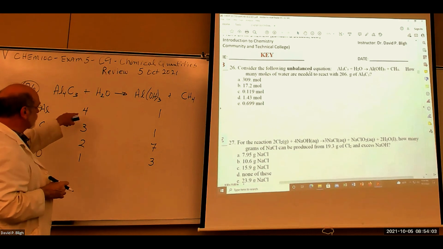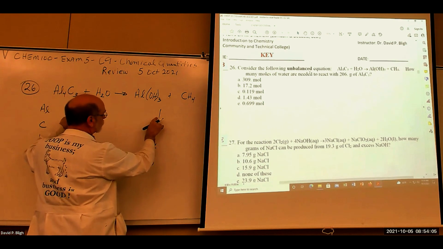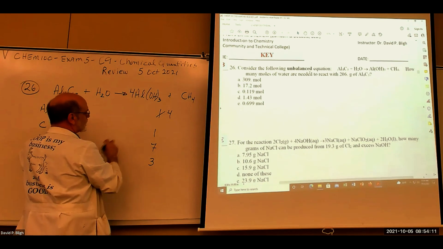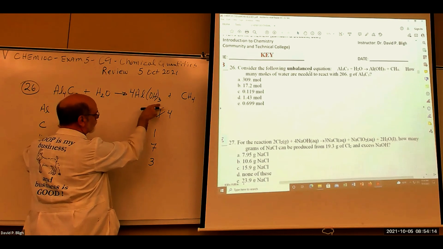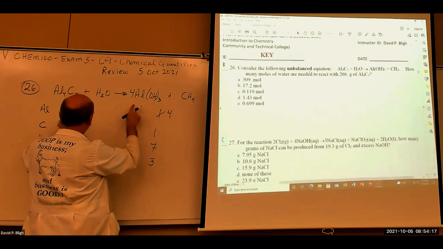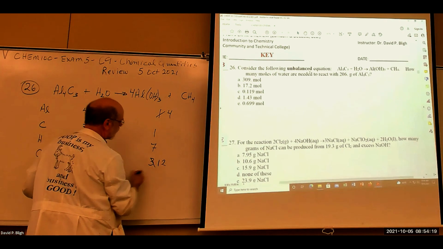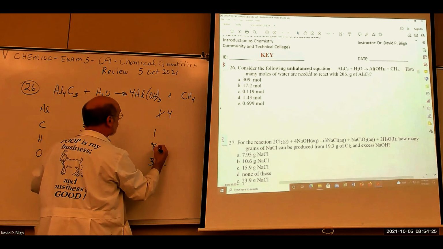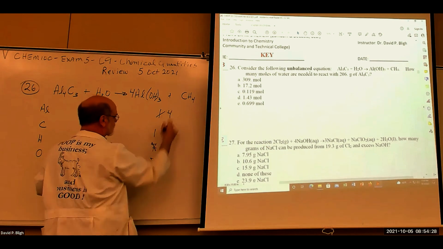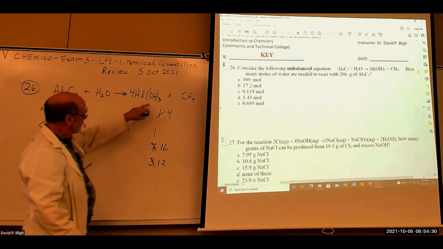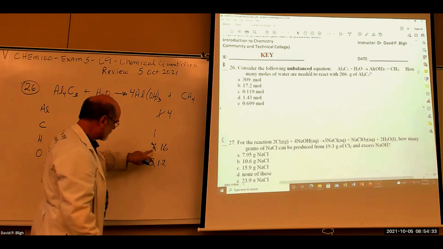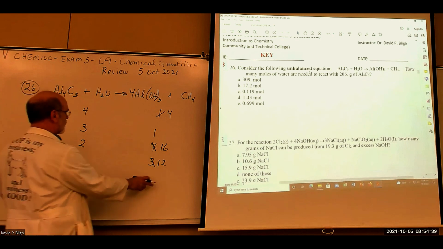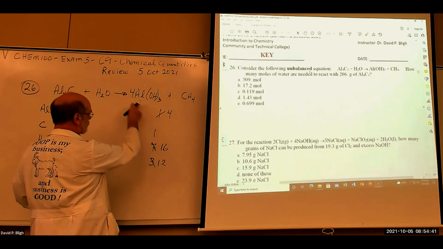If we start with aluminums, we need 4 of them. That's a 4 there. But that also changes the number of oxygens: 3 times 4 is 12 oxygens, and 3 times 4 is 12 hydrogens. Oops, 12 plus 4 is 16 hydrogens. Aluminums are all covered.